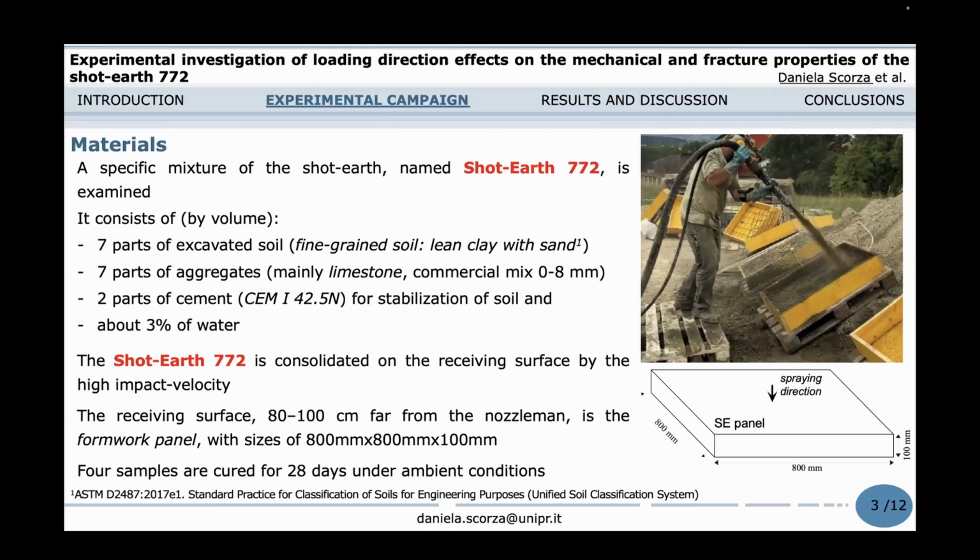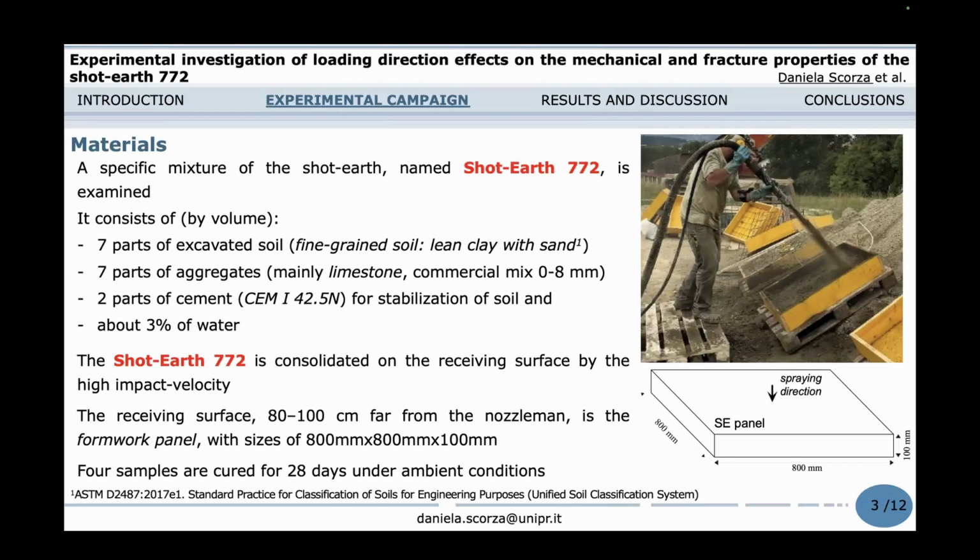The aggregate is a commercial mixed one for concrete, whereas the cement used for stabilization of the soil is a Portland cement CEM II 42.5 N.